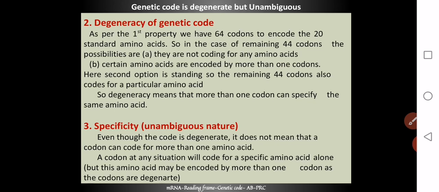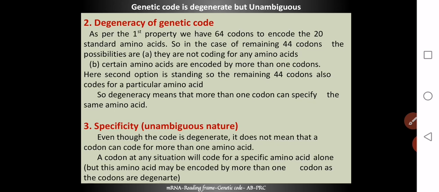As per the first property, it's a triplet codon and there are 64 codons to encode the 20 standard amino acids. So what is the possibility for the remaining codons? Certain amino acids are encoded by more than one codon. That's why we have more codons than the number of amino acids, right?